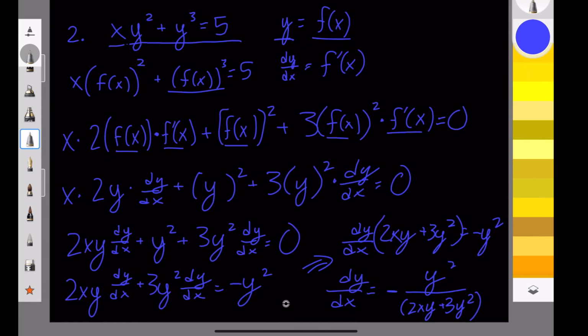There we go. And congratulations, you now know how to do implicit differentiation.